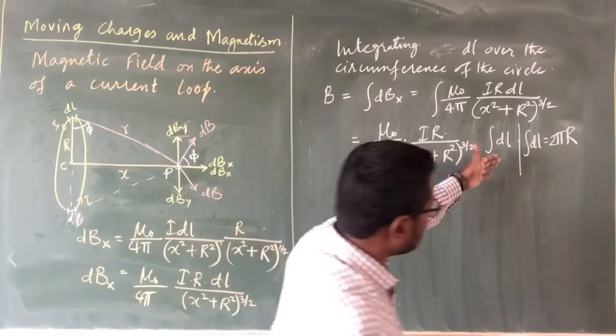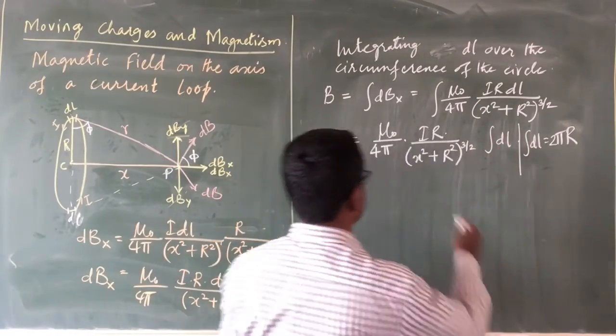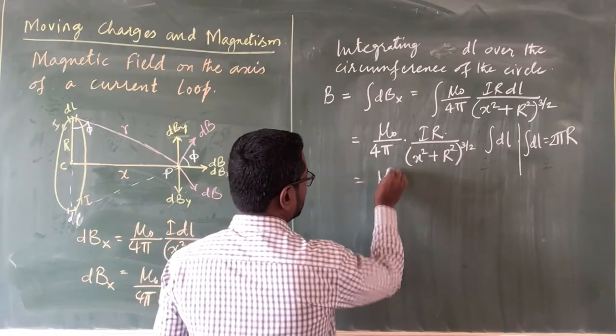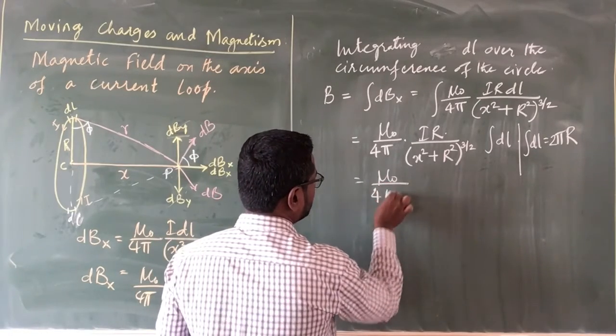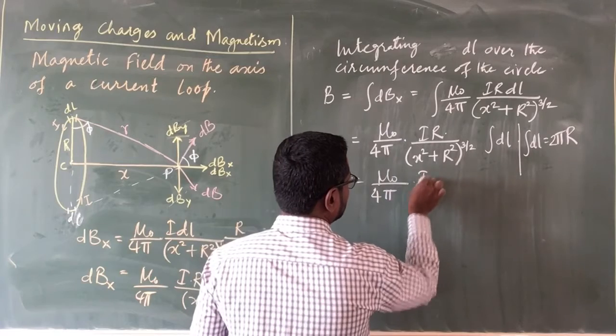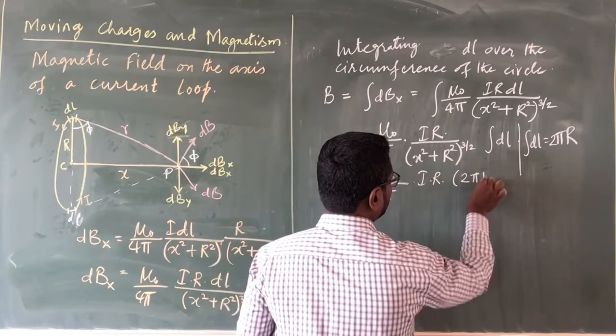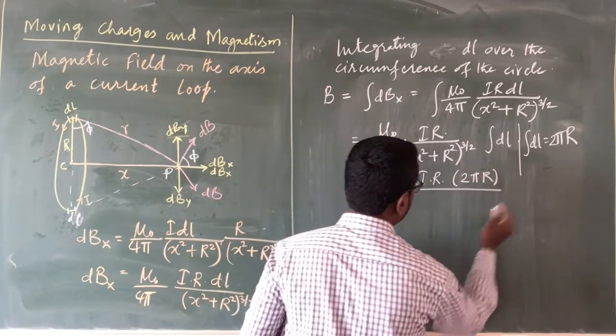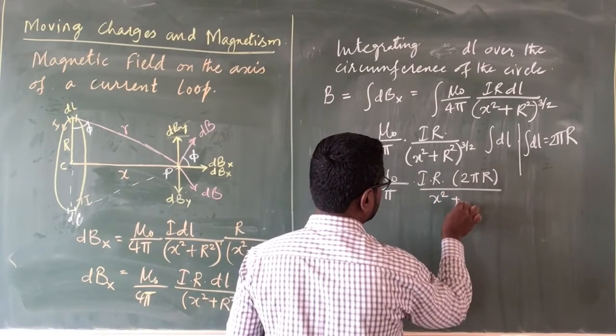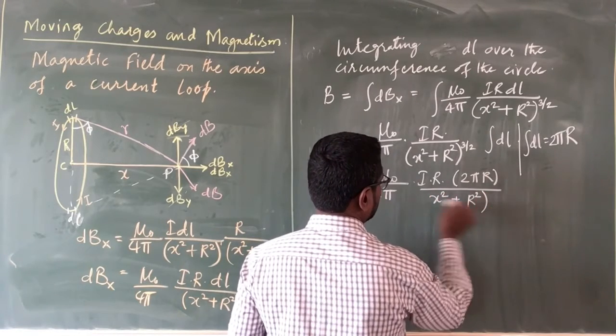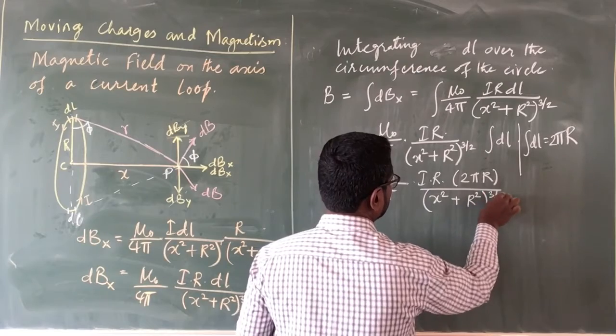So I can directly substitute that value: mu naught by 4 pi, I into R, 2 pi R divided by x square plus R square to the power of 3 by 2.